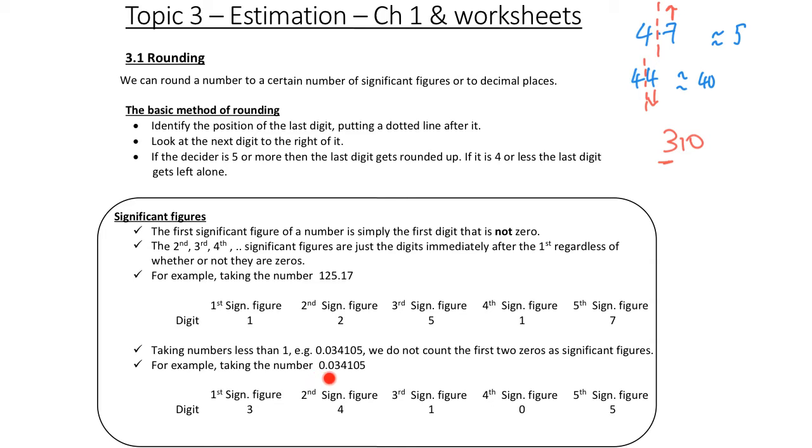So in 0.034105, the 3 is the first significant figure because it's still the first non-zero number. The 4 is the second. 1 is the third. Now this is a 0, but it occurs in the middle of the number, so it is significant. So it is the fourth significant figure, and then the fifth significant figure is a 5.